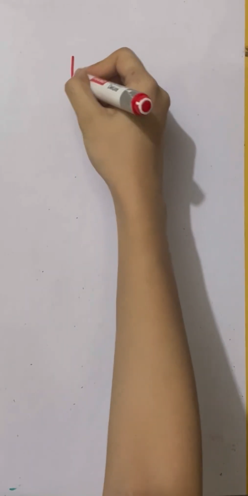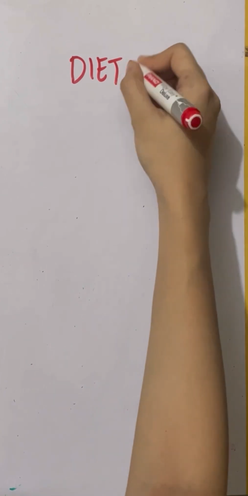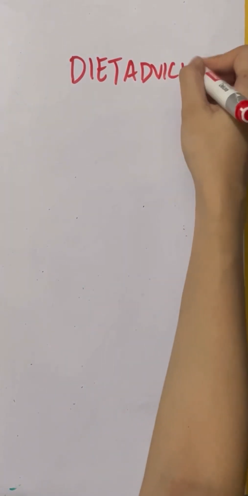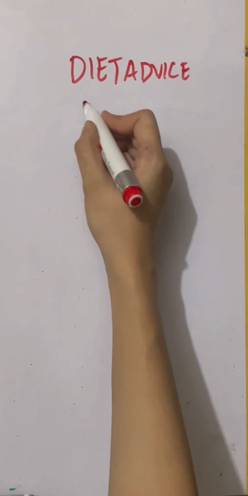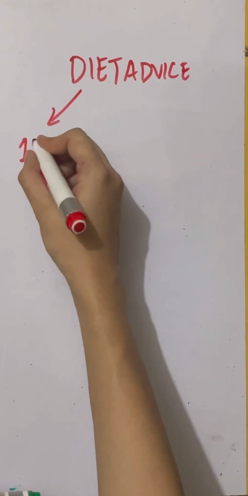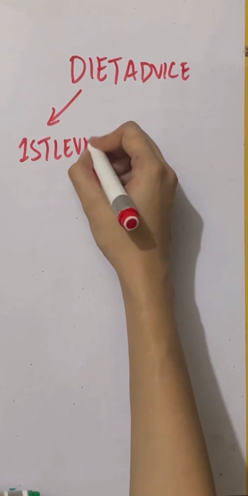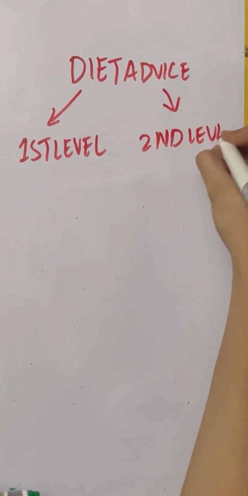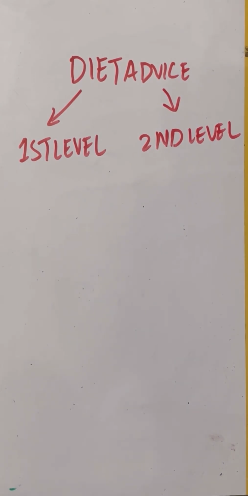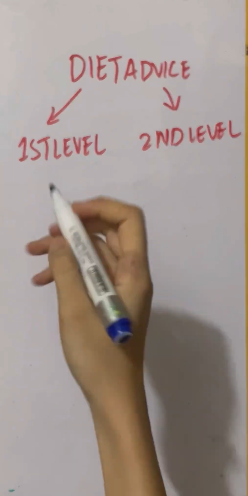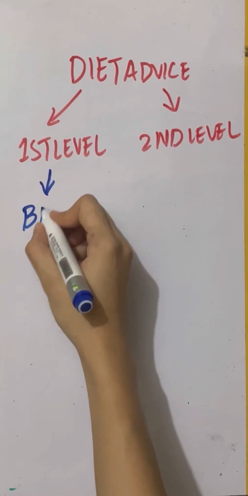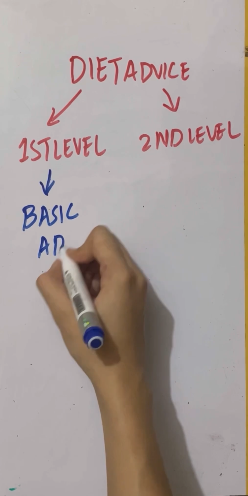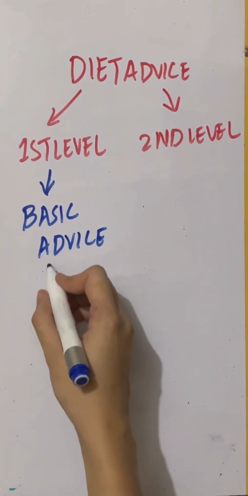Then diet includes one more thing, called diet advice. The diet advice is basically divided into first level and second level. What is the first level diet advice? The first level diet advice is to follow the basic advice. And what is the basic advice?